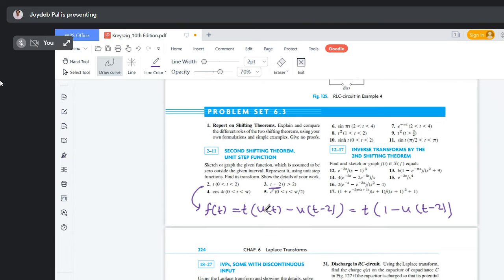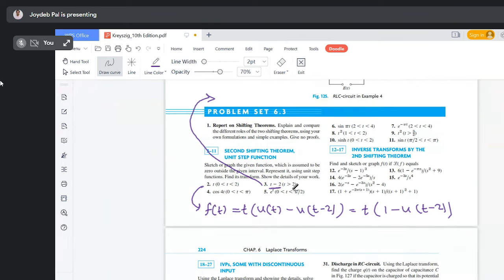For this t minus 2, can you tell me for 3? It is only right of the point 2, not a finite interval.